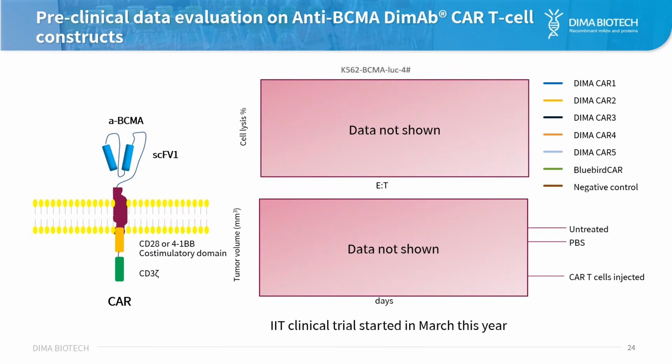We choose 5 clones for humanization, constructed the CAR, and did in vitro and in vivo functional assays. One clone shows much better performance compared to the reference clone made from the Bluebird CAR. Based on the initial data, our collaborator chose 1 clone and started clinical trials in March this year.